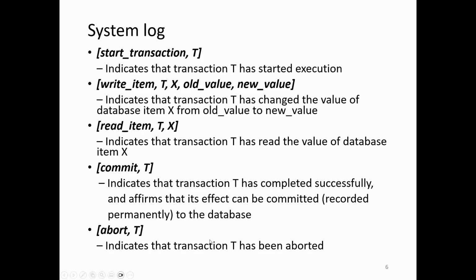The final one indicates that the transaction T has been aborted and reverted back to the original state of the database. So these are the 5 items written on the system log which can be used to recover the database. Using this information, we can recover the database in failure.